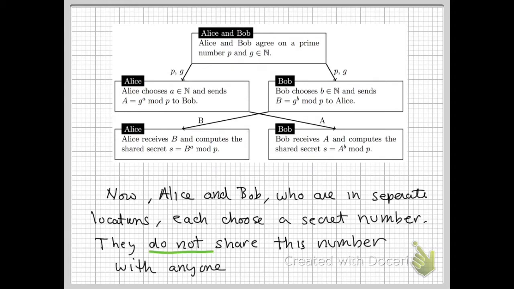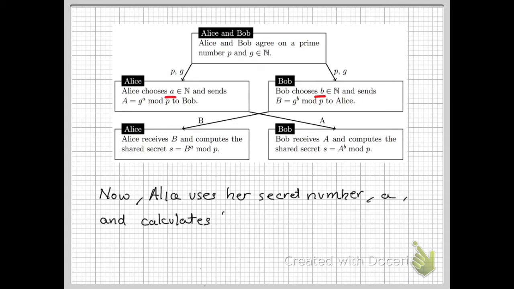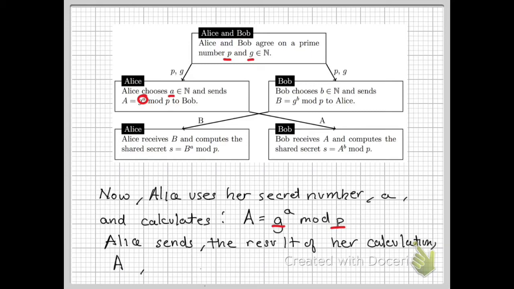They do not share these secret numbers with anybody. So in this case, Alice uses her secret number, small a, and calculates G to the a mod P equals capital A. And Alice sends the results of this calculation, the capital A, to Bob.